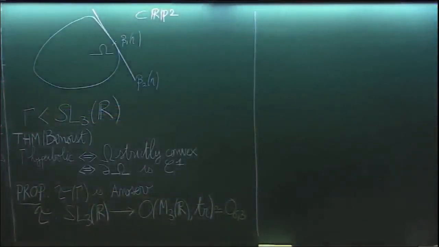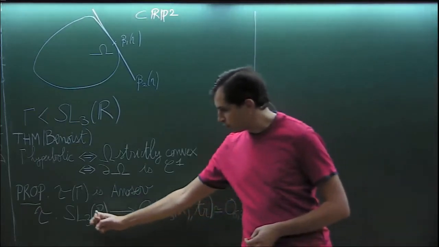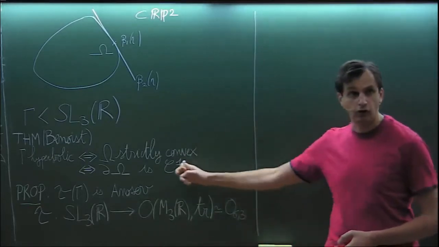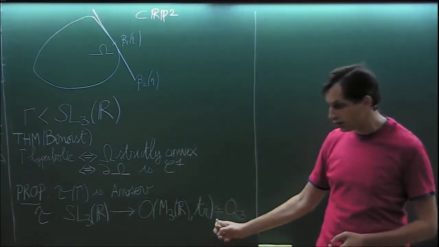So yesterday I finished with these examples of convex sets in the projective space with a compact action of a subgroup of linear transformations, and I claim they are Anosov in that sense. So if I put the group in this orthogonal group, then they become Anosov.